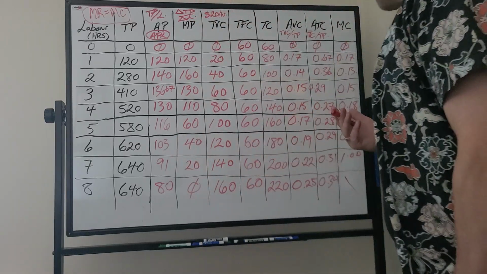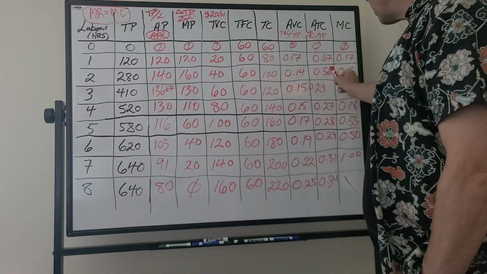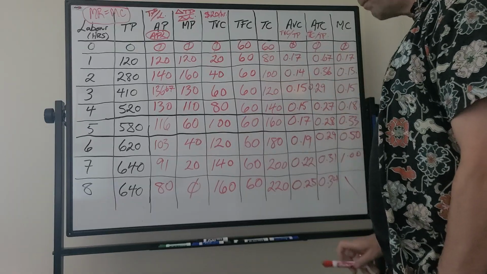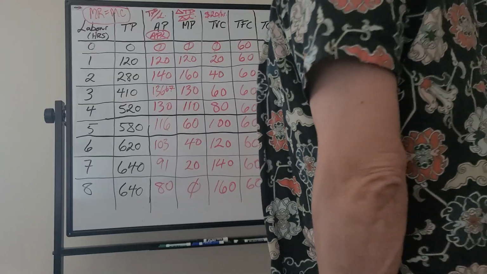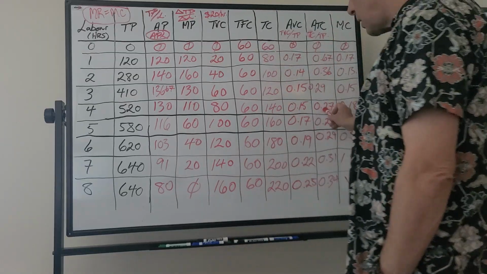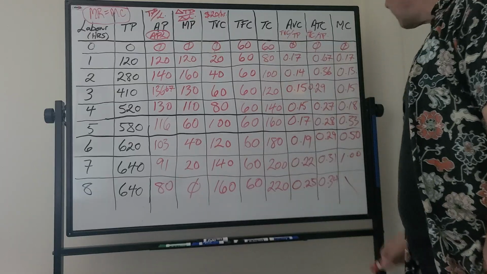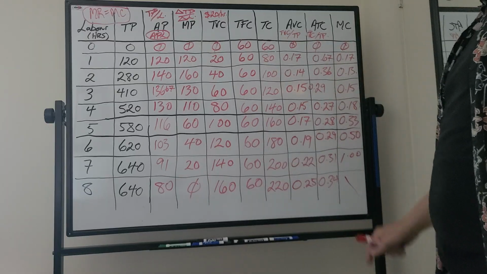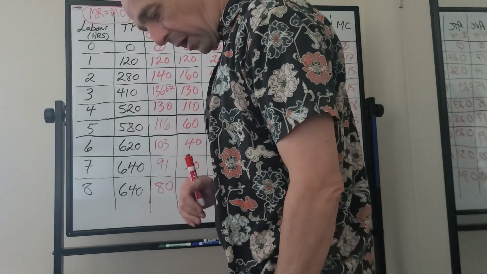Well, the maximum productivity means the lowest average total cost. So at what point do we have the lowest average total cost? Well, we could see it's at 4 units of labor, we have our average total cost at its lowest. So it's the lowest point in the average total cost.